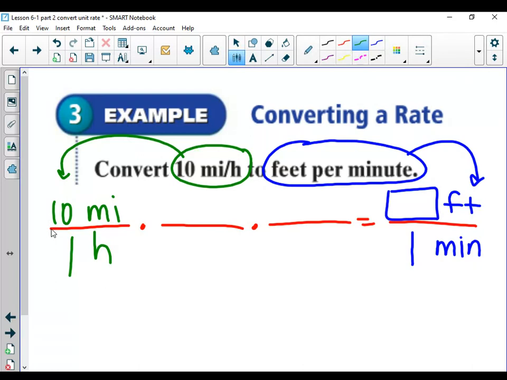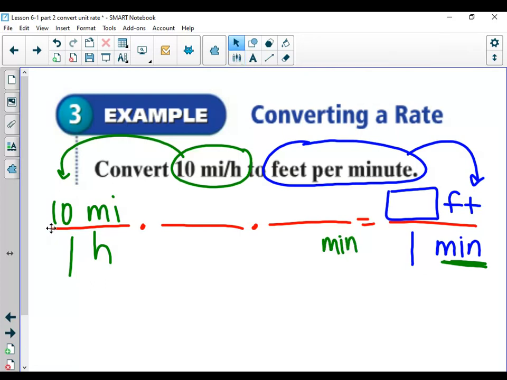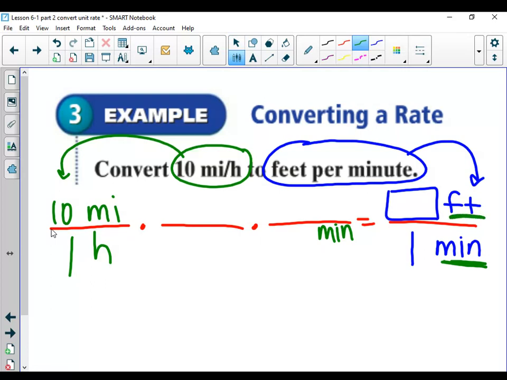Then I look at my labels for my answer. I have minutes on the bottom, which means I need minutes on the bottom of one of these 2 spots. Minutes can go here or here. Minutes has to be on the bottom somewhere, which means feet has to be on the top of the other one.